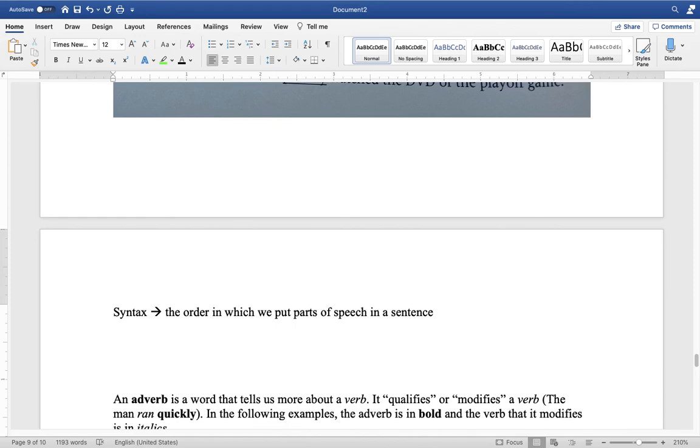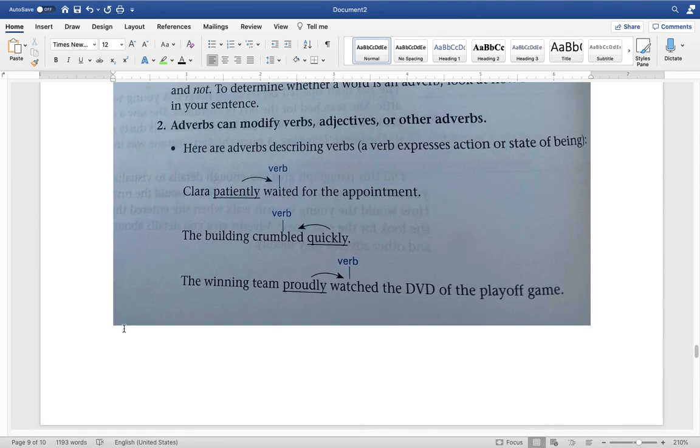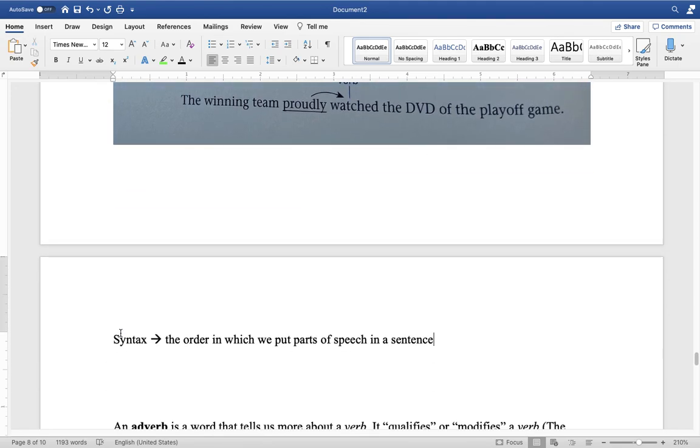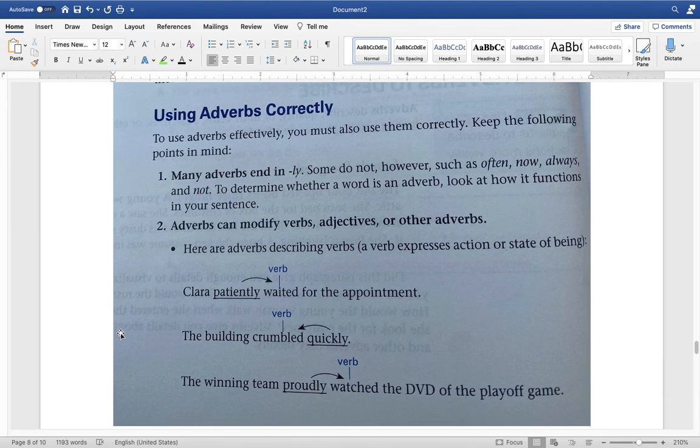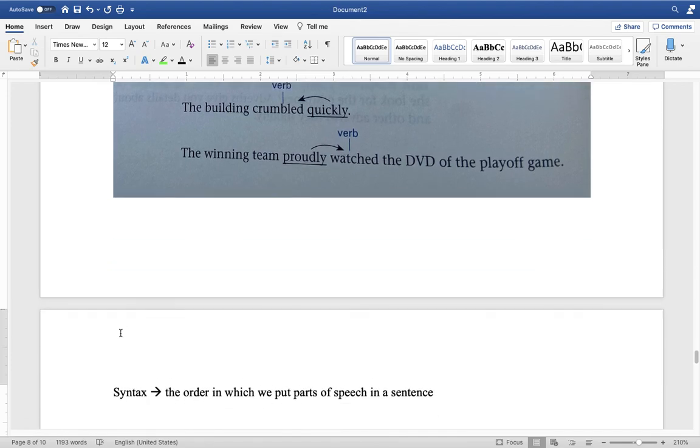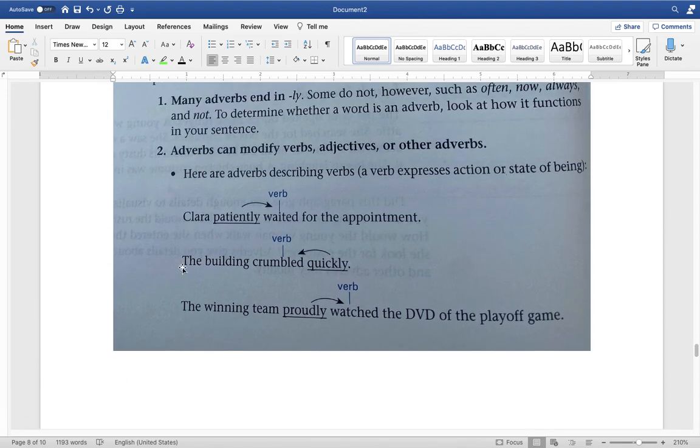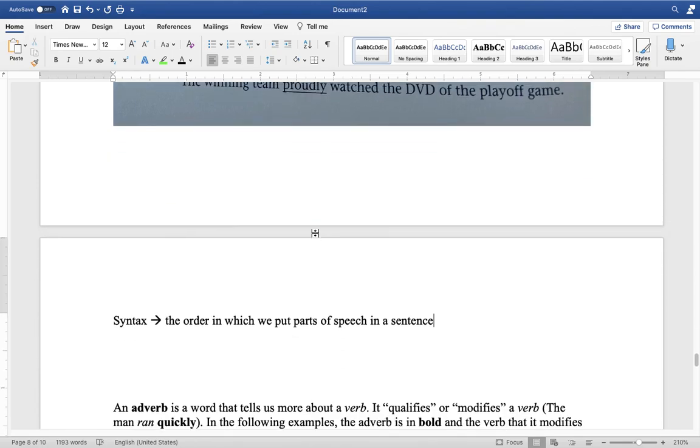So if I ever say, like, your syntax needs work, or syntactically, this is a little difficult to read, it means that you're ordering your sentences in a way where the parts of speech don't make sense. So if the adverb is coming in a weird place, or the preposition or the prepositional phrase is in a weird place, or the verb is in a strange place, or it's just not working.